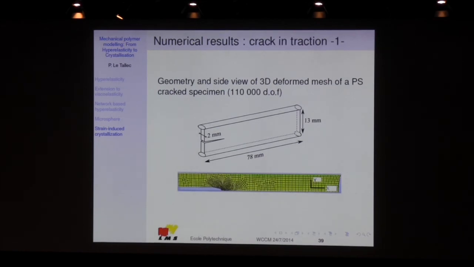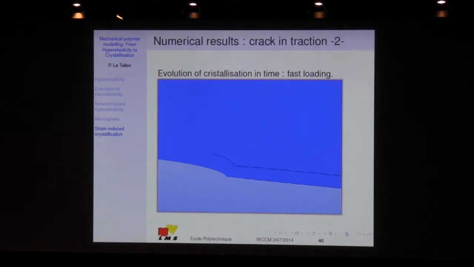Then, a problem simulation of a crack. This is a PS cracked specimen, which is used in many dimensioning experiments. So you have a crack there, a few millimeter crack, put in traction. Because of the traction, the crack will open. There will be crystallization at the crack tip. So that's the deformation and the evolution of crystallization if you make a fast single loading.